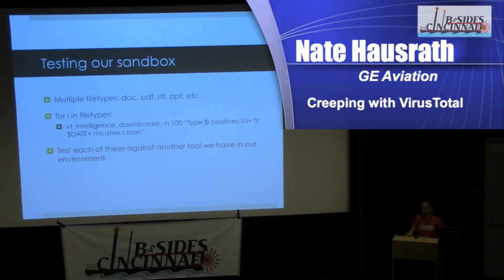FS is first seen. Say we want newer samples, we could provide a date maybe a week in the past. If our date is a week ago, then first seen is a week ago. That means it's a relatively new sample, or at least was uploaded recently. And say we also have McAfee in our environment, and we want anything that McAfee thinks is clean.